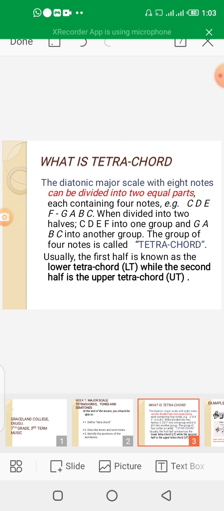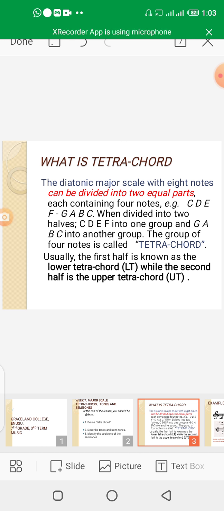What is a tetrachord? Now, the diatonic major scale with 8 notes can be divided into two equal parts. That means your do, re, mi, fa, sol, la, ti, do can be divided into do, re, mi, fa, and sol, la, ti, do.